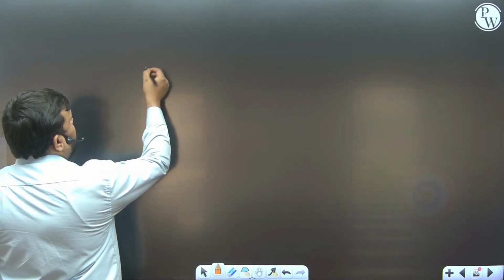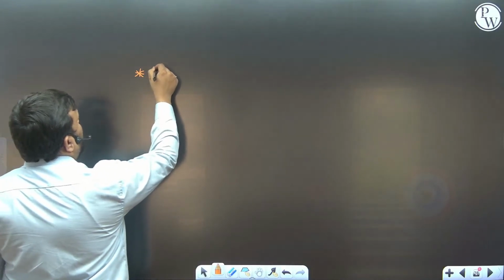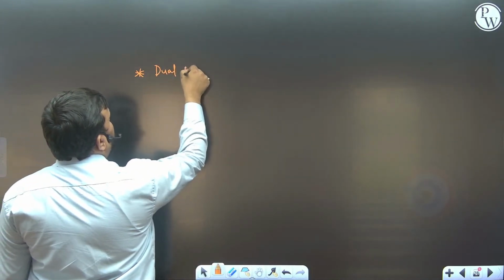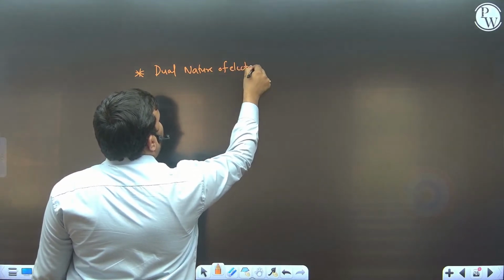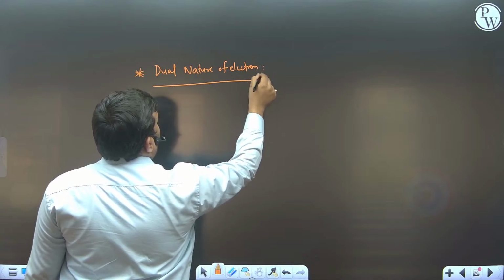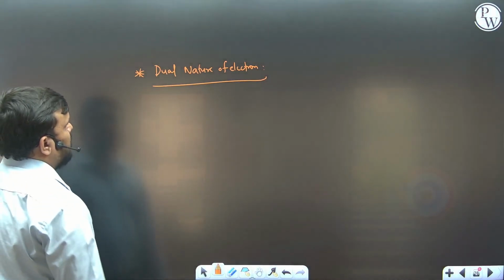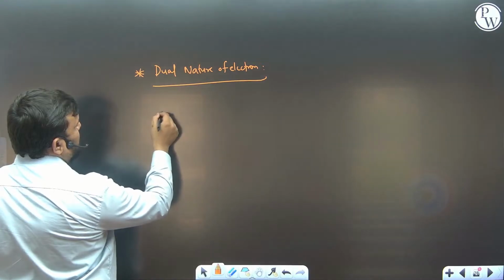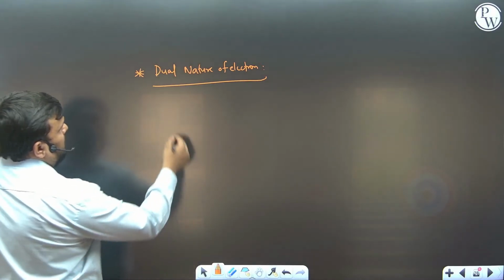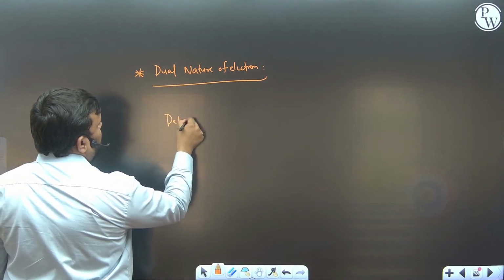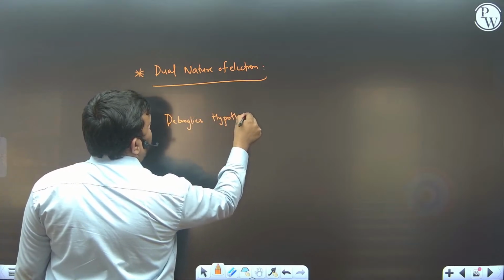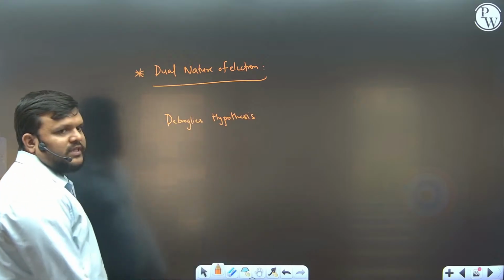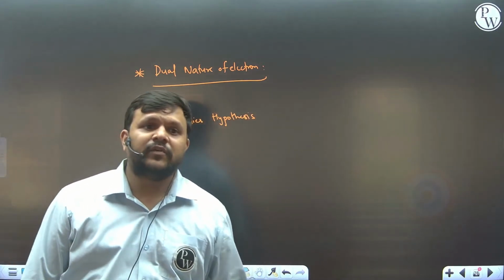Now we have one more concept, which is the dual nature of electron, by de Broglie. Here also there is an important concept regarding de Broglie's hypothesis. He was the one who said that electron has particle nature as well as wave nature.